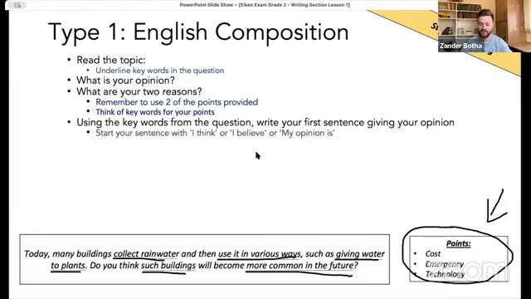So remember for part 1 to start your answer with I think, I believe, or my opinion is. So I'm going to give you, let's say, 30 seconds to write your first part, giving your opinion, using the keywords, and starting your sentence with I think, I believe, or my opinion is.